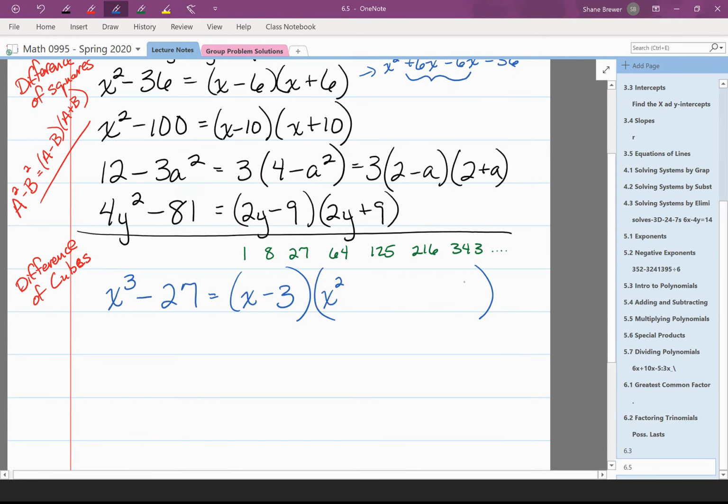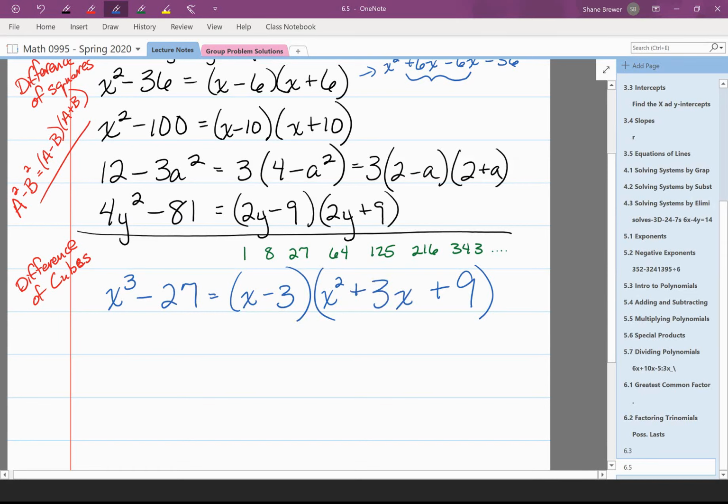Also, at the end over here, you put a plus 9. Now, where did the 9 come from? That's a 3 squared. Minus 3 squared. Okay? So, this second factor is going to be this squared at the beginning, this squared at the end. Right? Now, what goes in the middle? The product of those two things. But it's going to be a plus.